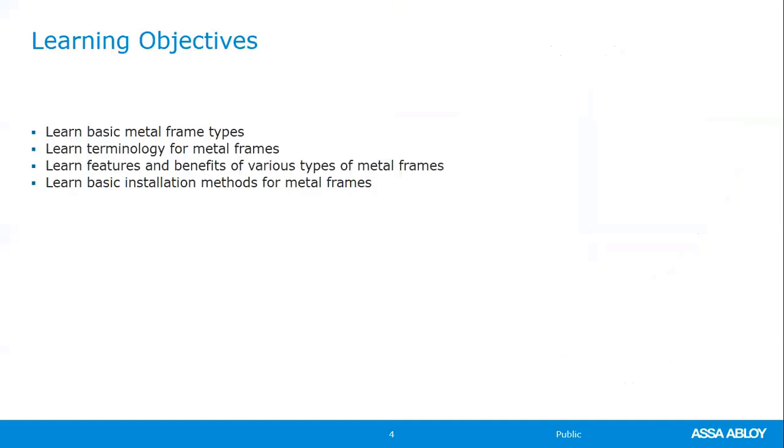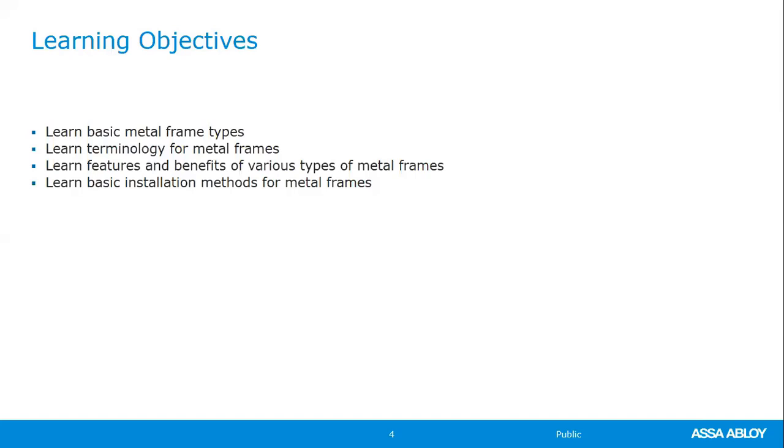With that, learning objectives. What we will try to do in this session is give you some basic information about metal frames, and some of the terminology that you will hear in this session and also in the real world. As you work in this industry, you will find that one person will call a particular hardware prep one thing, where someone else may have a different terminology.